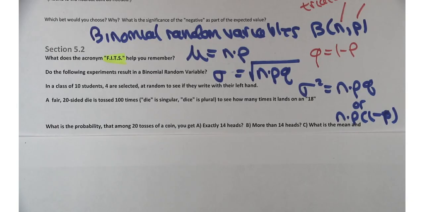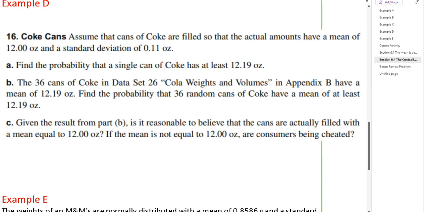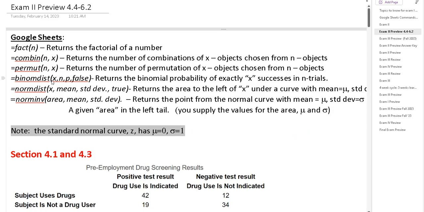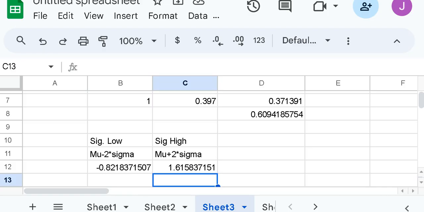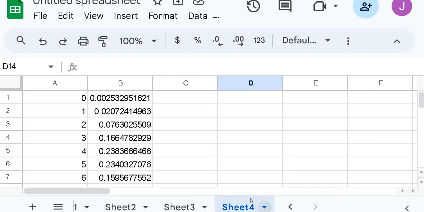Now keep in mind that you will be given the commands on the top of your exam. So you want binomial distribution, X and P, and then false. Let's do that one together here. Let's see here. I want to go here, and let me open up another sheet.